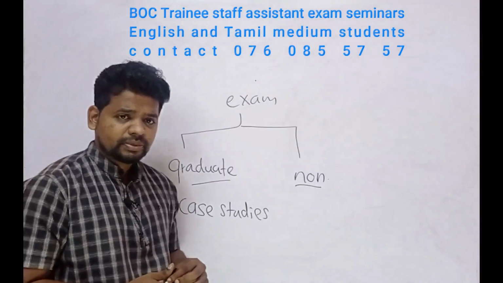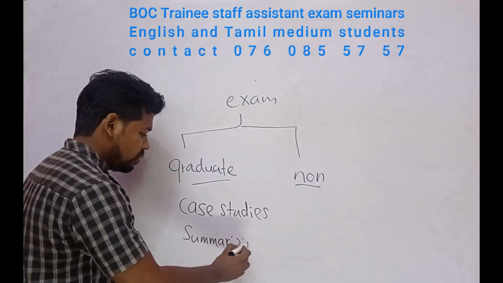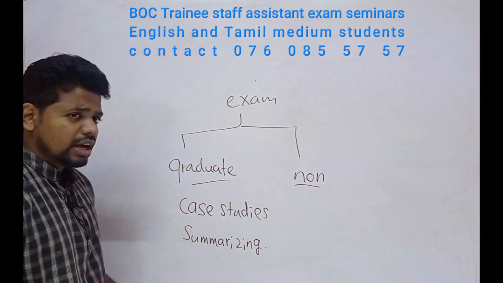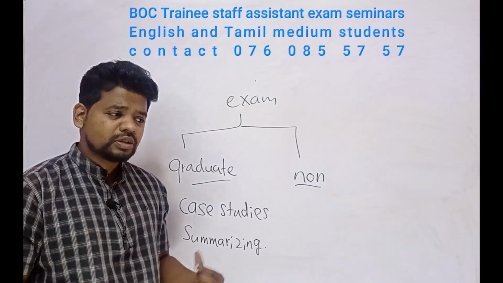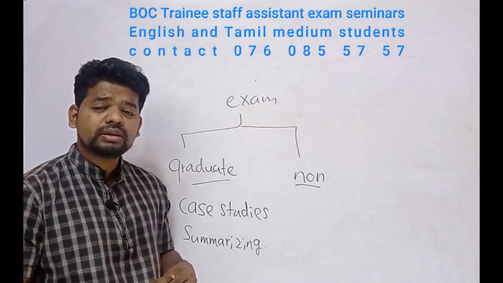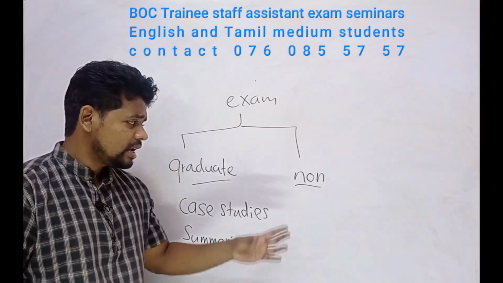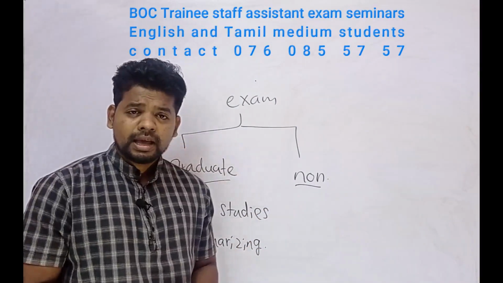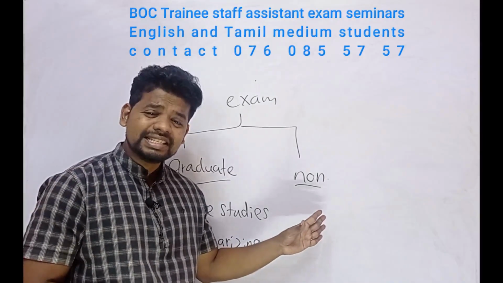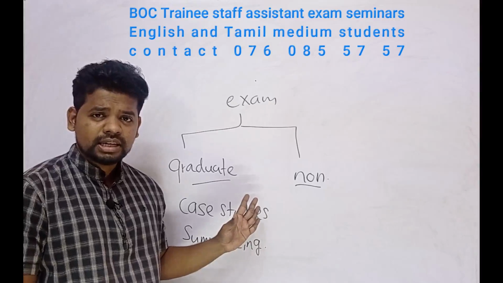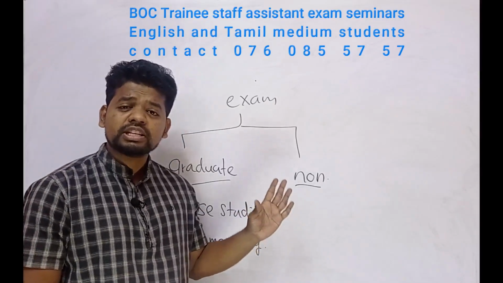The other thing is summarizing. When I talk about previous years, the summarizing question came for graduate banking examinations. Then how about non-graduate? The non-graduate examination is somewhat easier than the graduate examination, with some small deviations in structure.